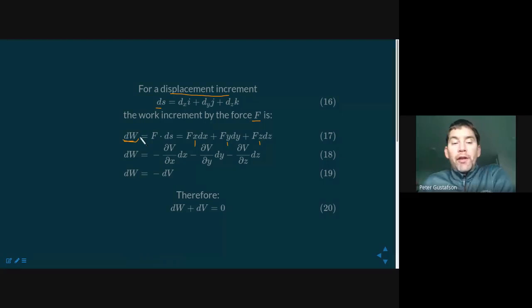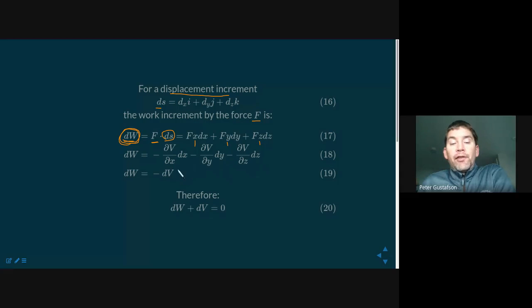Now, that is a differential contribution of work, dW, due to a differential increment of displacement in a force field. Going back to this idea of potential and the relationship between potential and force, I can replace this force with the potential function. So here we have dW, the differential work, equal to minus the derivative of the potential field with respect to x times dx, minus the derivative of the potential field with respect to y times dy, minus the derivative of the potential field with respect to z times dz.